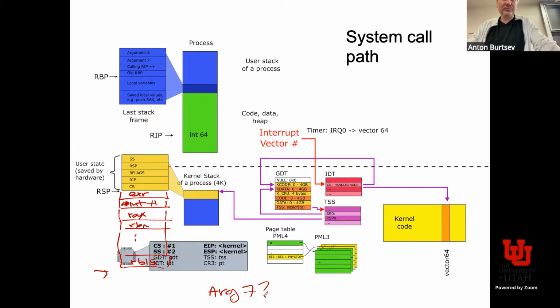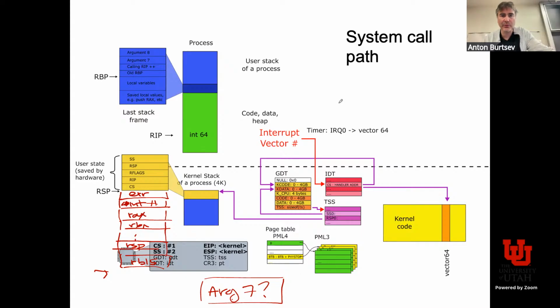RSP that was saved by hardware, would it be on that stack? RSP will be here, correct. The user RSP is here, that's true. But where is argument 7? What's the calling convention?